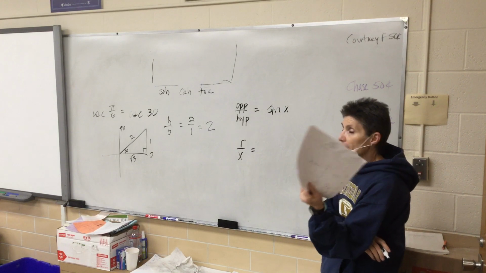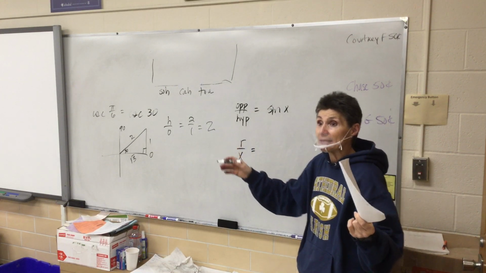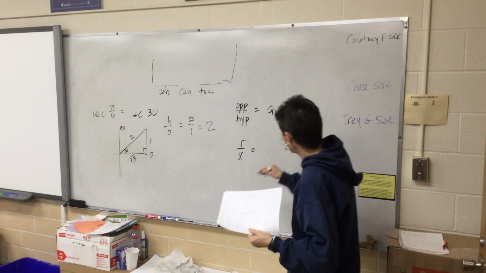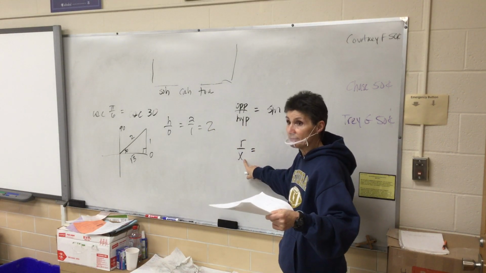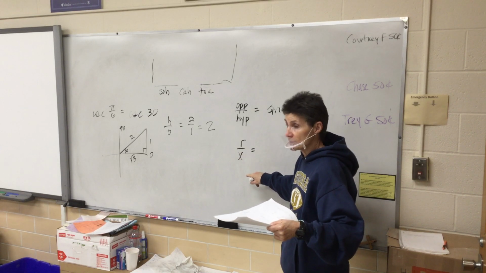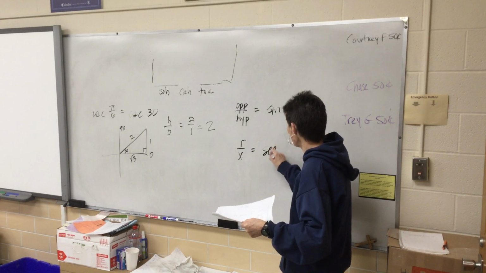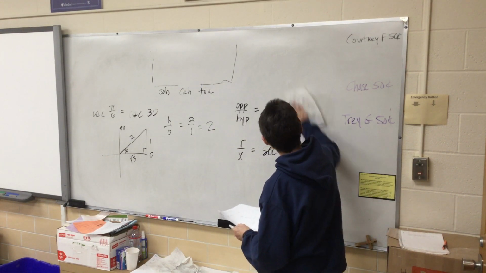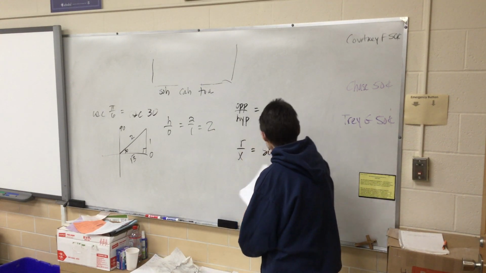Secant, absolutely. Now, if I don't have my pink sheet, I'm thinking, okay, wait, x over r is cosine, so this is the reciprocal, that's secant. Very good.